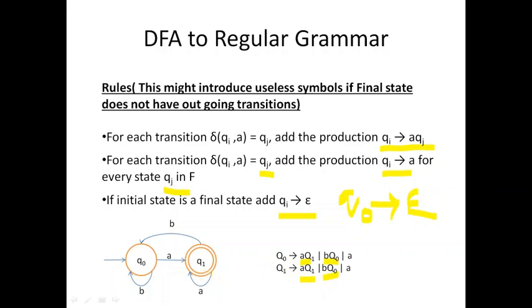Also, since from Q1 on a you have a transition to Q1, and Q1 itself is a final state, corresponding to it you will add a production like Q1 giving small a. Okay, so that is how you convert a DFA to a regular grammar, or how you identify an equivalent regular grammar for a given DFA.